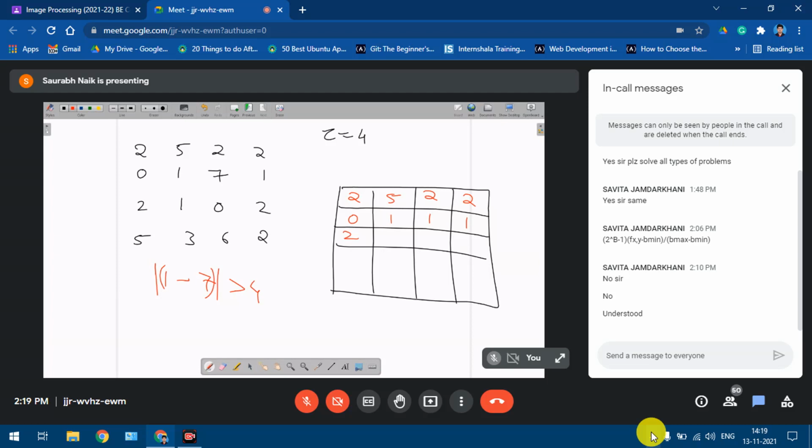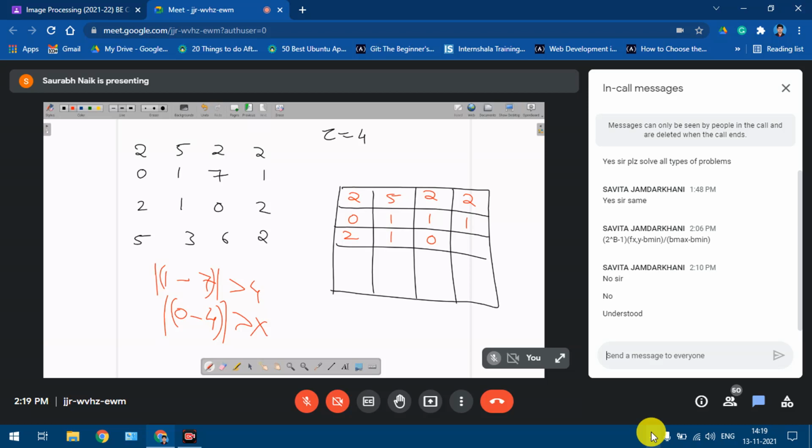This point will be 6 divided by 4, again the same value. 0, you'd have 7, 14, to 16. That's 4. Now, at this point, you are having 0 and 4 as the values. Since this is not greater than the threshold, we will still have the original value as 0.